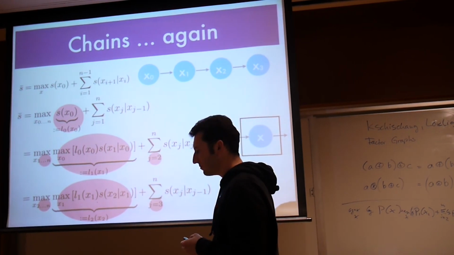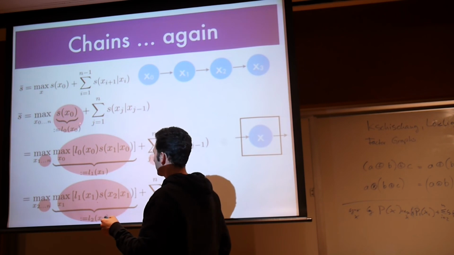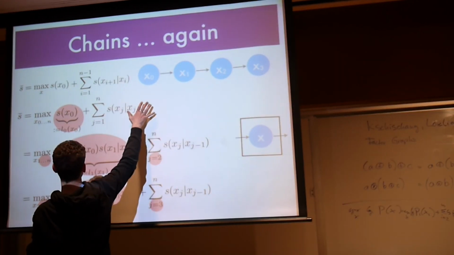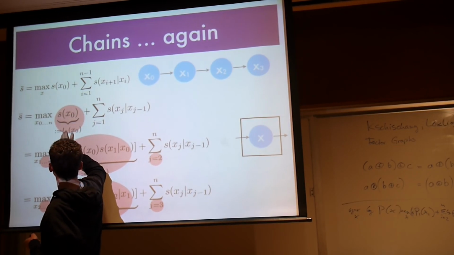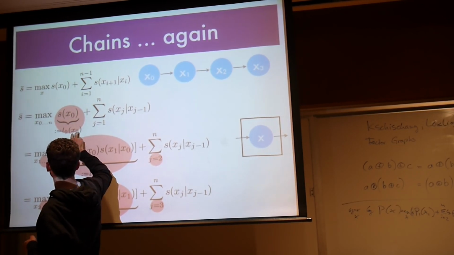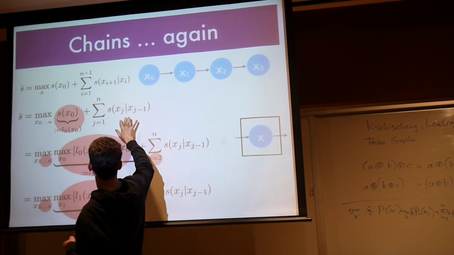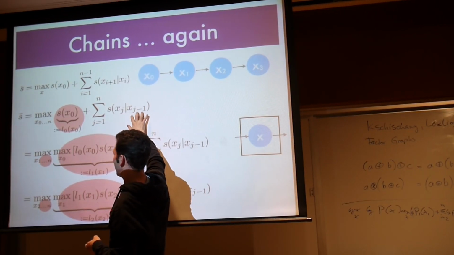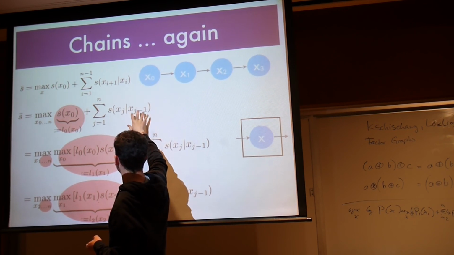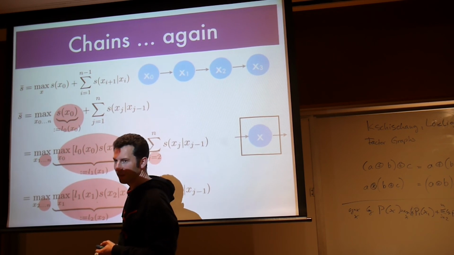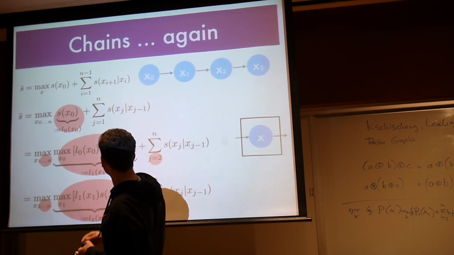Okay. Now, if I want to maximize this, I can again do dynamic programming right from the start to the finish. So the first term here, let's call it L naught of x naught. That occurs only here and in S of x1 given x0. There's a plus between L naught and S on the next line?